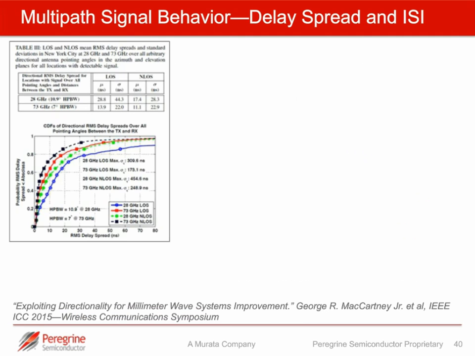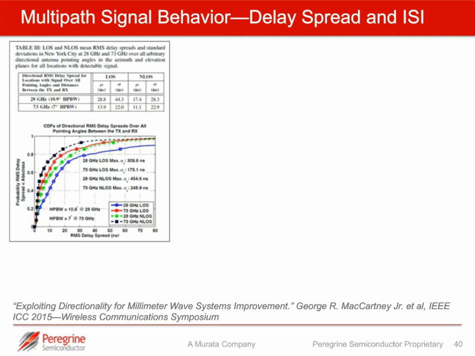Why is this definition useful? The reason it's useful is if we look at this study on the left-hand side, we can see a series of plots. The blue trace is taken at 28 gigahertz for a line of sight system, and the green trace is taken at 28 gigahertz for a non-line of sight system.